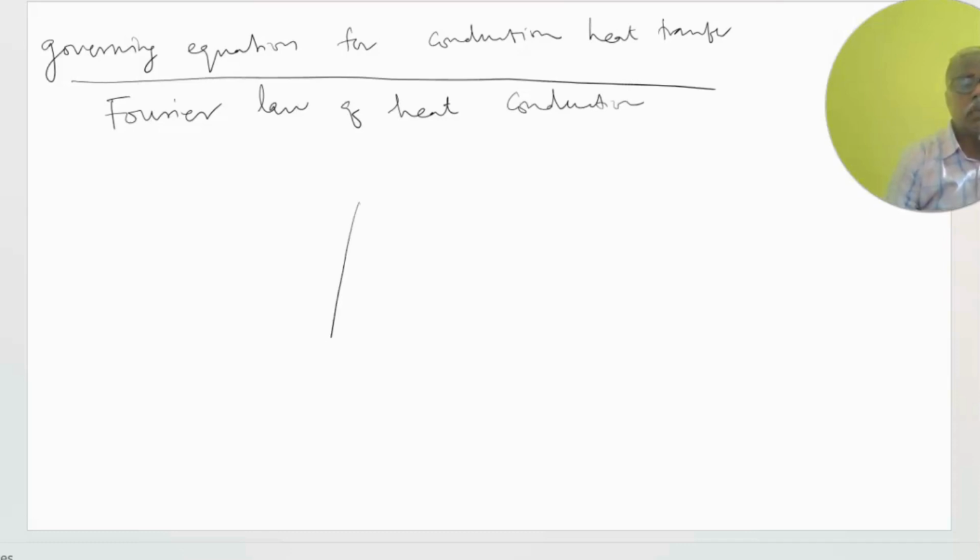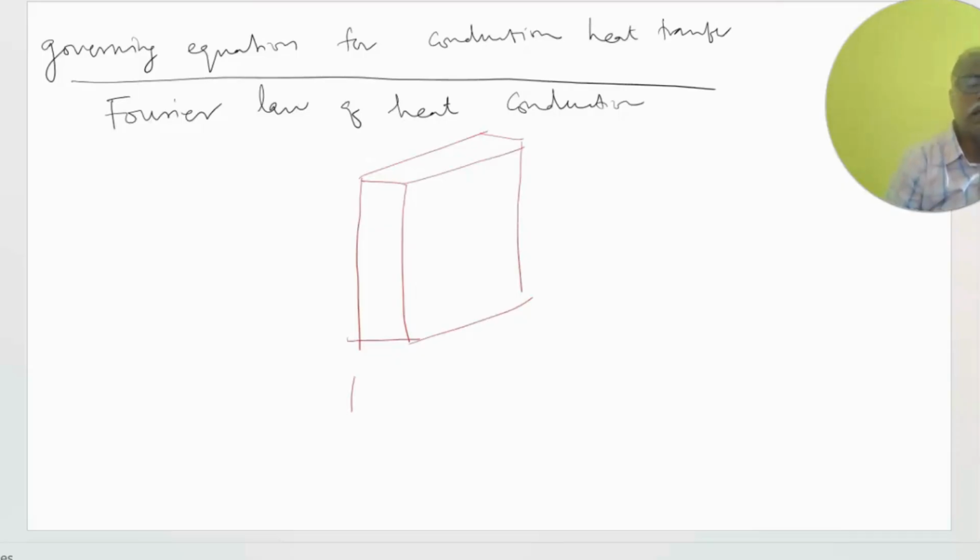So consider a rectangular block of some material.